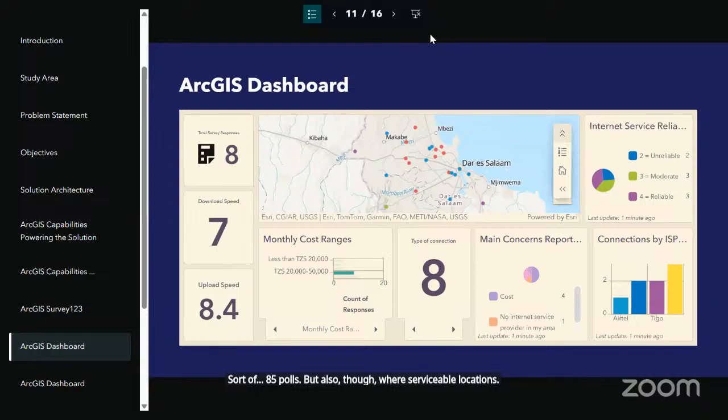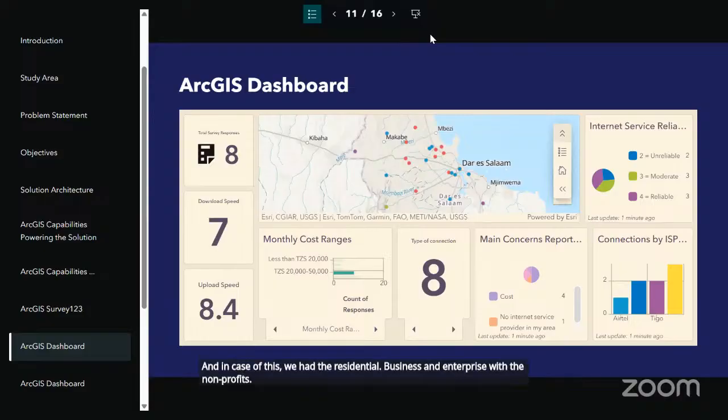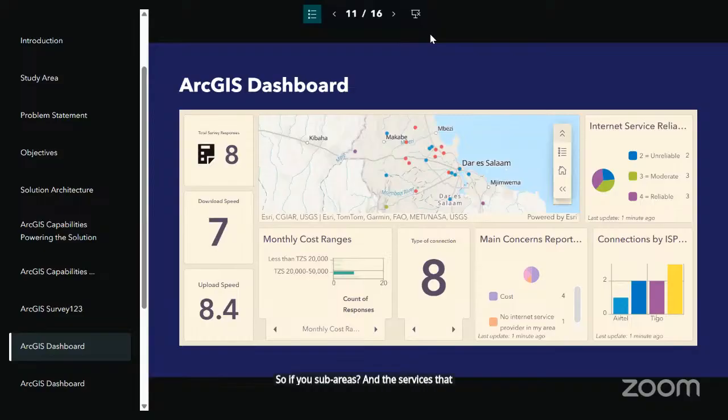These included residential, business, and enterprise with non-profit serviceable areas. And the services that they received were internet, with a total of 9 customers, TV, which had 8, voice over internet protocol, a total of 5, and security, which was this one.